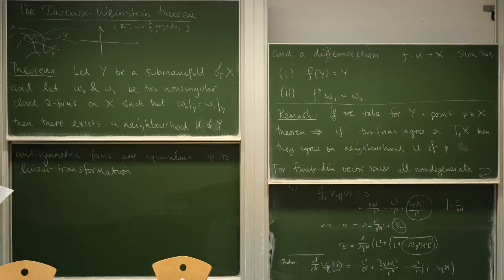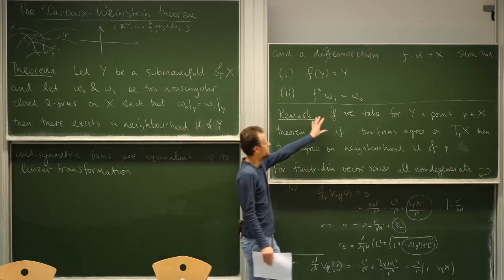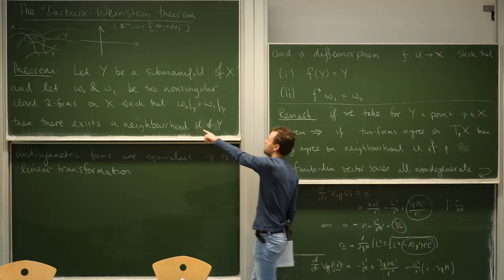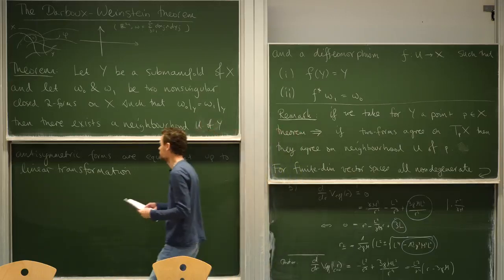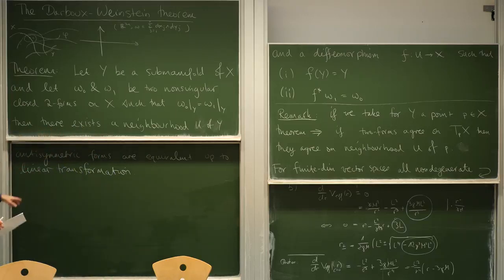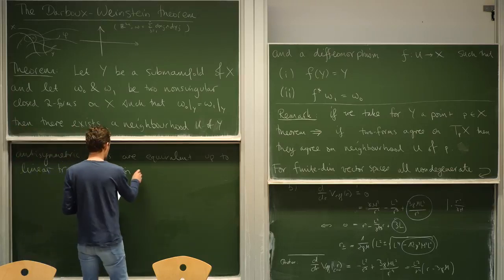And the way this result will work, to apply it to a neighborhood U of the point P, if you like, is we can use the exponential map to extend this linear transformation to a little patch around the point P. Sort of an intuitive way to understand this.